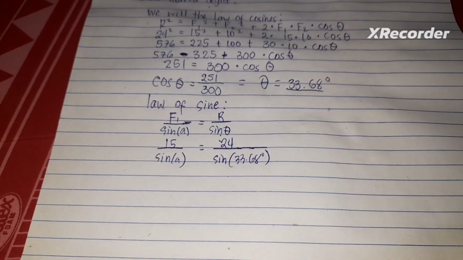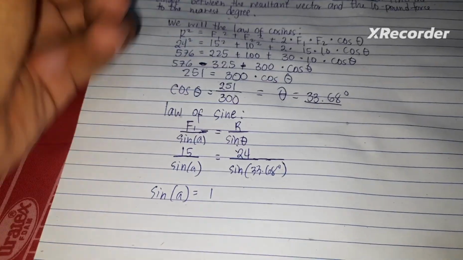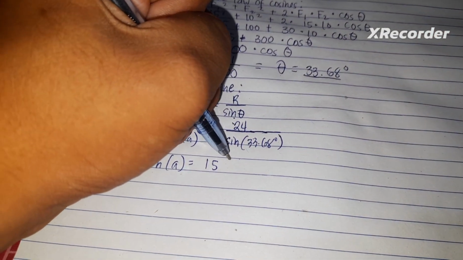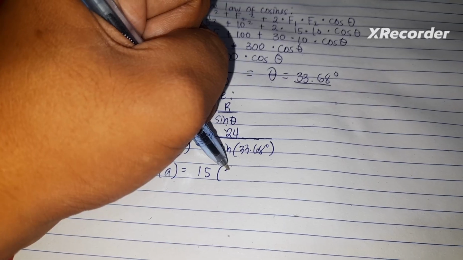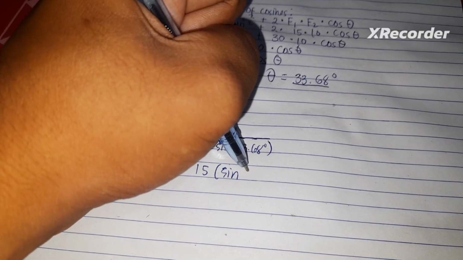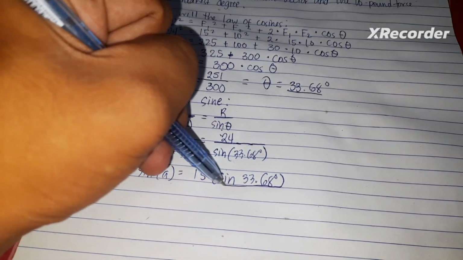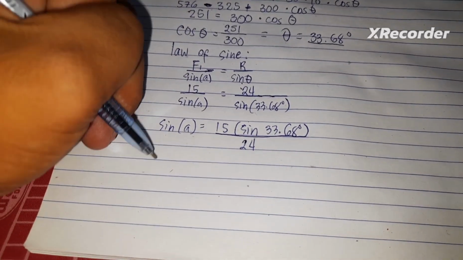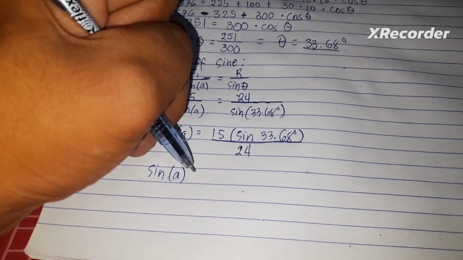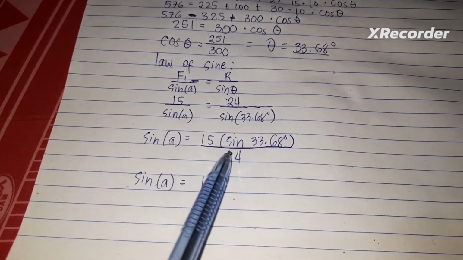After doing that, sine alpha equals 15 times sine of 33.68 degrees, with the denominator 24. We first need to get the value of sine 33.68 using a scientific calculator.